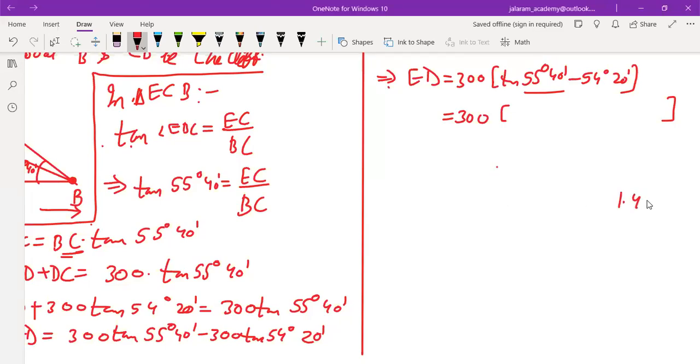Write it in rough and add the mean difference of 4, which is 36. So it is 1.4641.